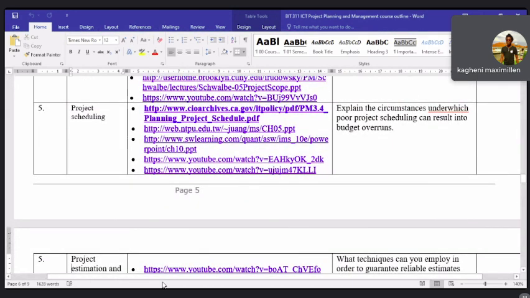Project scheduling. The links to help you access more information on project scheduling are there, and those links can be used.